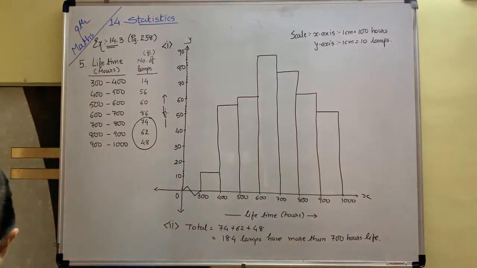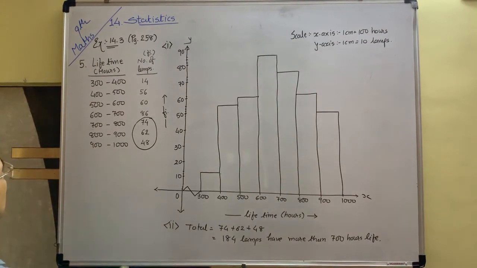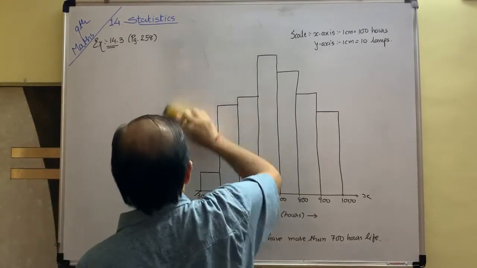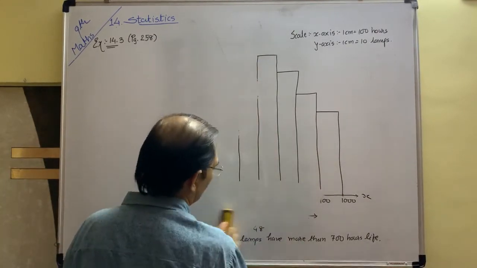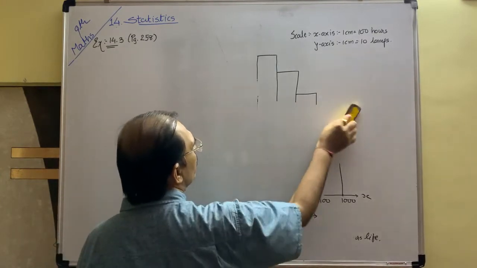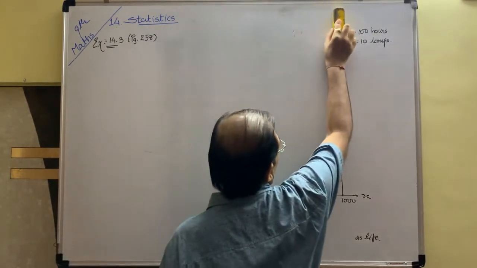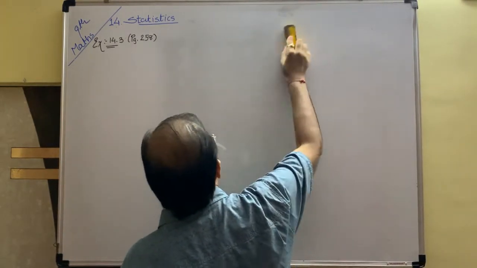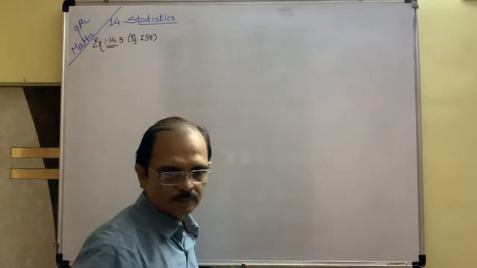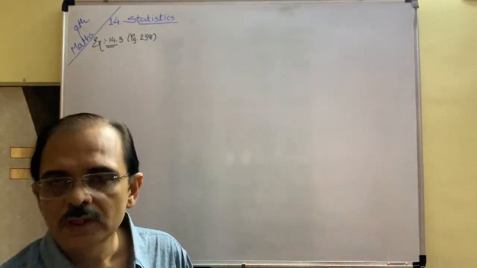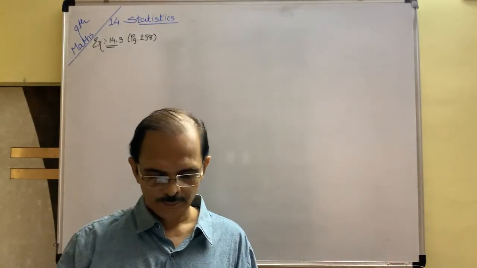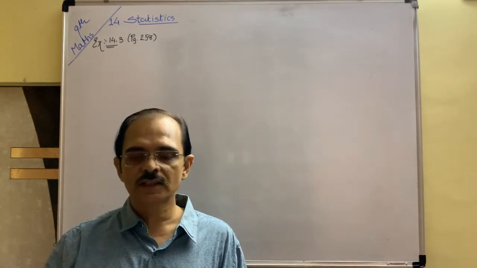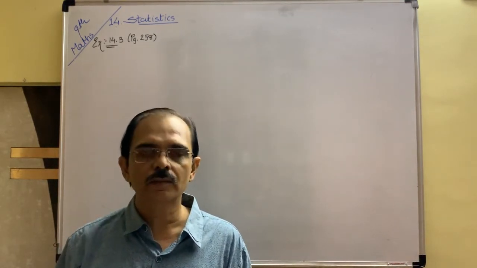Now question number 6 is of frequency polygon. Two informations are given, means 2 graphs are given, but you have to draw both the graphs on the same graph paper. The runs scored by 2 teams A and B on the first 60 balls in a cricket match are given below.